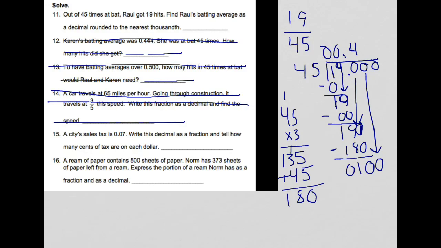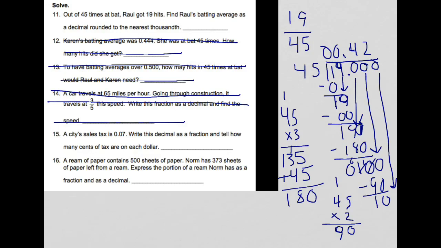45 goes into 100. 5 times 2 is 10. 4 times 2 is 8, plus 1 is 9. 45 goes into 100 2 times. 2 times 45 is 90. 100 minus 90 is 10.